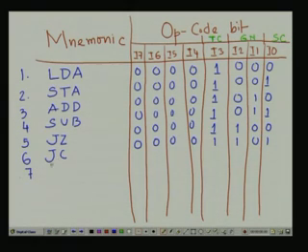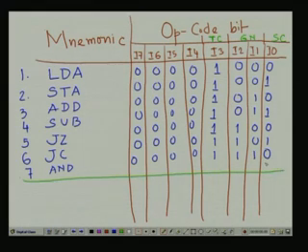Now, this is AND, the logical AND. Again this is an MRI, group 3 and subcategory 0. So, up to these they are MRI type of instructions.